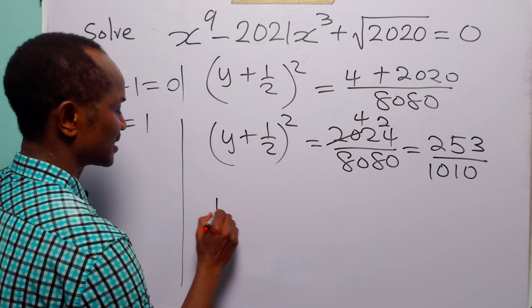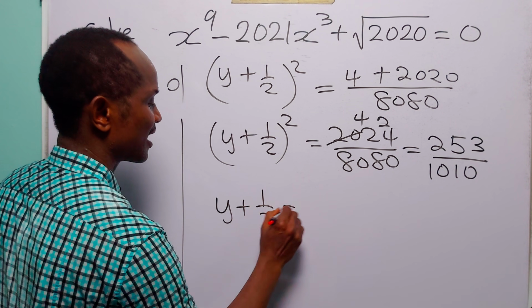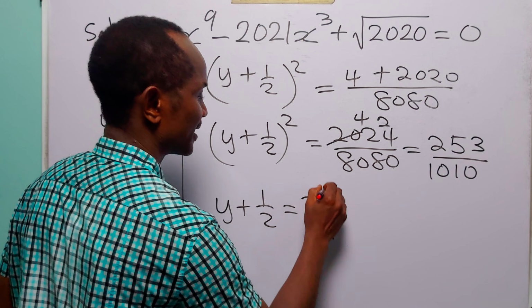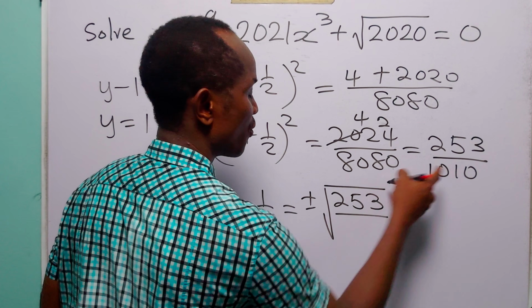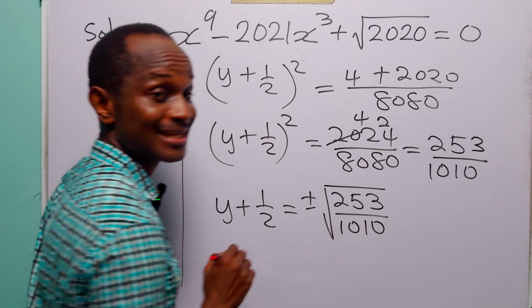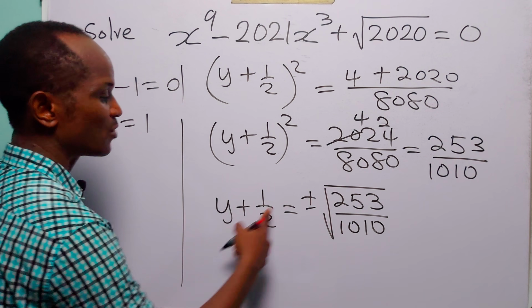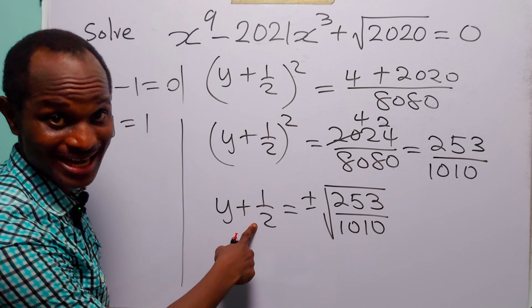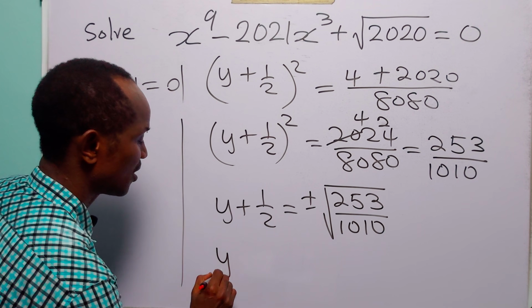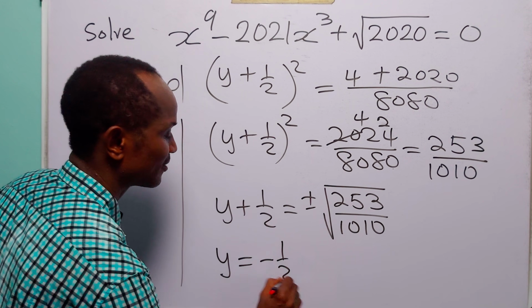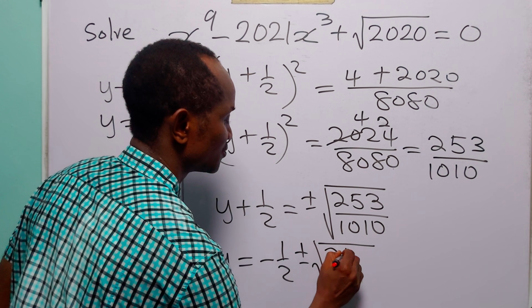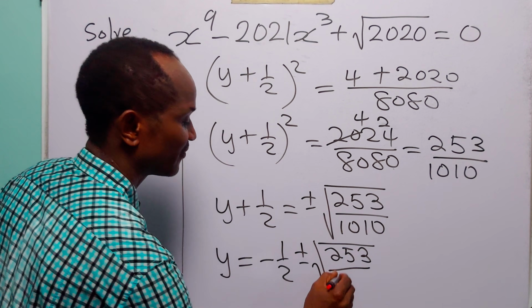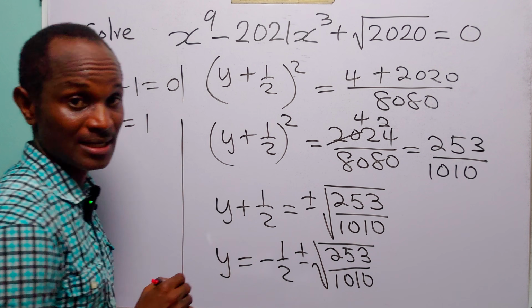When we do that, we have that y plus half is equal to plus or minus the square root of 253 over 10. And of course, when we subtract half from both sides of this equation, we have that y is equal to minus half plus or minus the square root of 253 divided by 10.